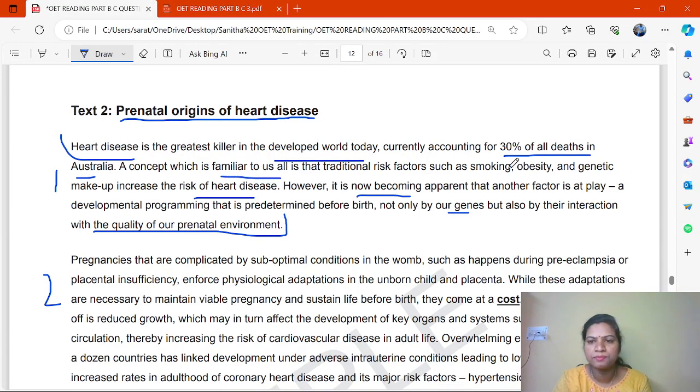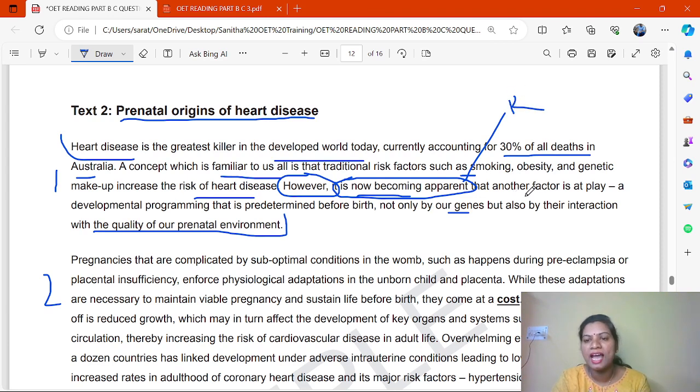See here, it is saying traditional risk factors, smoking, obesity. However, see, they are going to change the topic. You see, the connector "however" is given there. However, it is now becoming apparent, and that is the recent finding. It is now becoming apparent means recent result, recent finding.